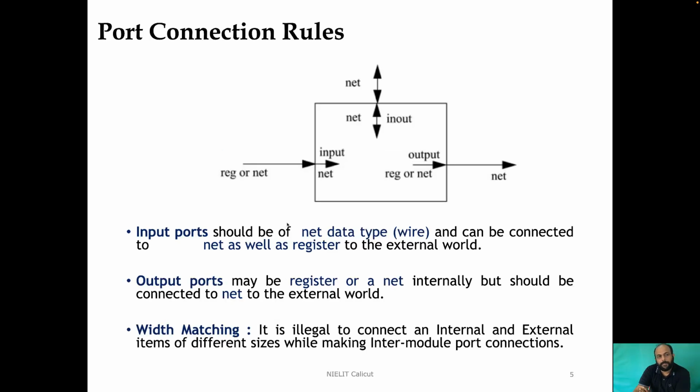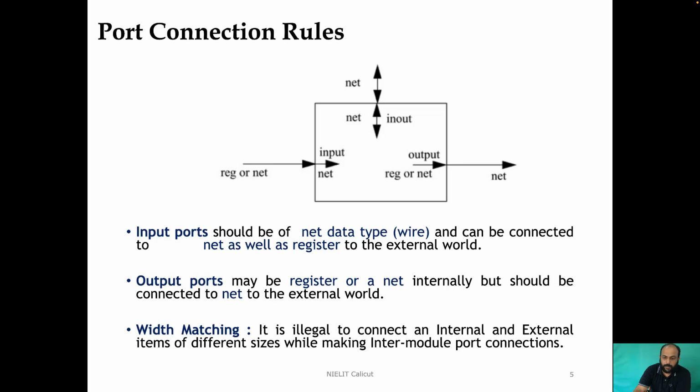Now let us touch upon the different rules governing connecting the ports when we perform hierarchical modeling. Whenever we are connecting a module to another module, those ports which get connected should follow certain rules. For example, as you can see in the figure, the input port of a module must be declared as a net data type.